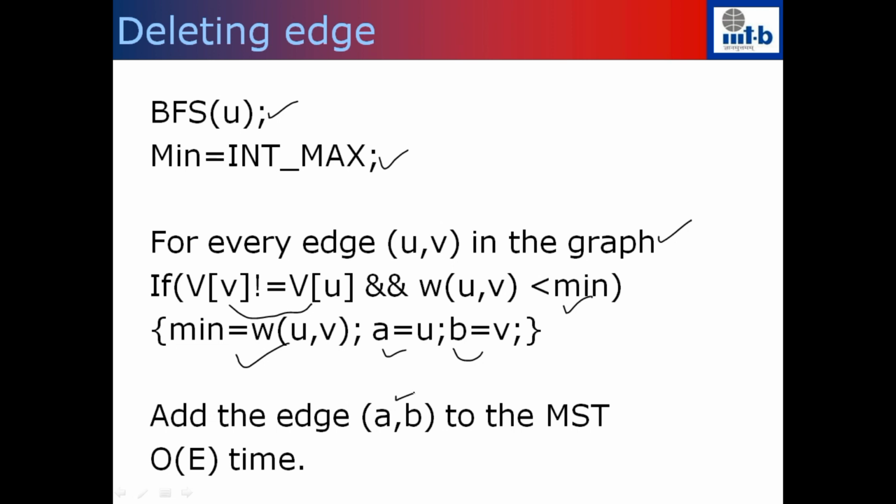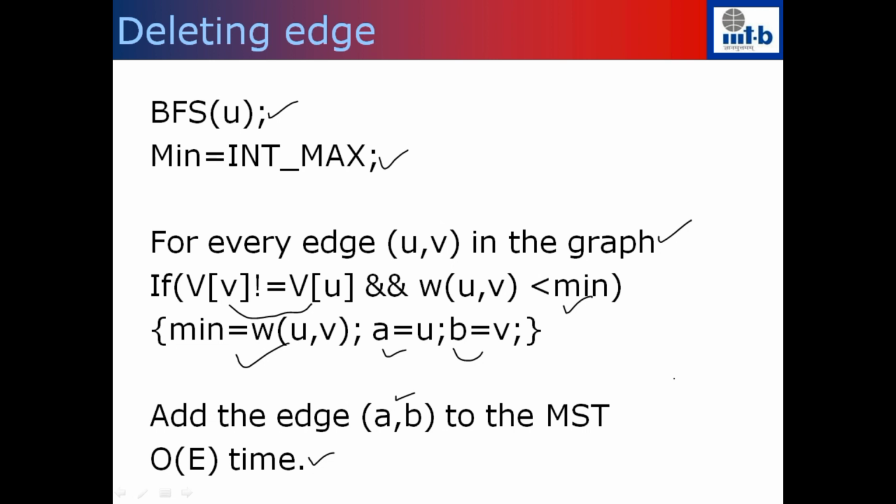This is exactly what BFS does. Now if you take the edges going across, you consider every edge exactly once, and among all the edges going across, you keep track of the minimum. Since you are looking at every edge here, this is order E. To be precise, this is order V plus E, but since the graph is connected, E is always greater than V, so we just write the complexity as order E.